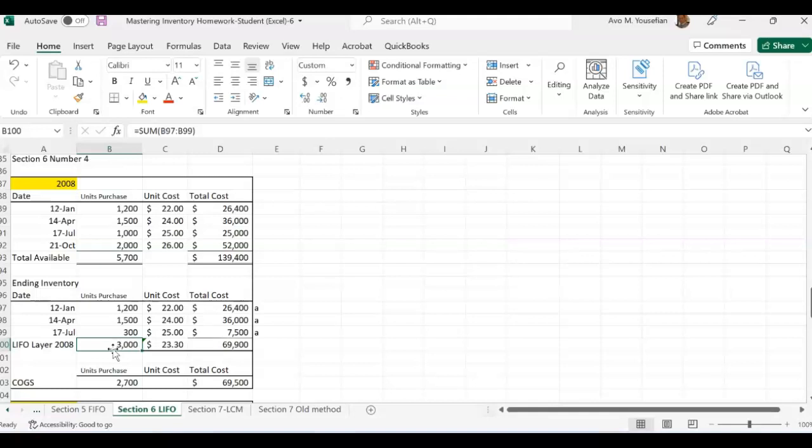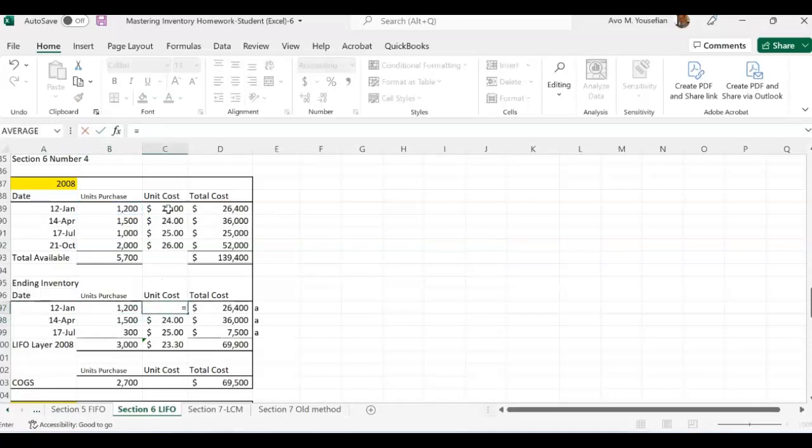But where is that 3,000 units coming from? And this is LIFO. That means the last layer, last in, first out. So those are gone. So we go to the top and pick up the one that is left from the top. So from the top, here is equal to the first layer, 1,200, and the cost is $22.